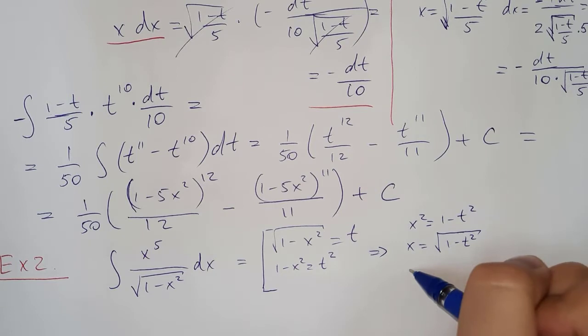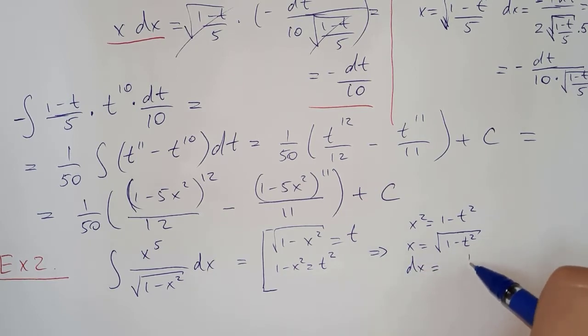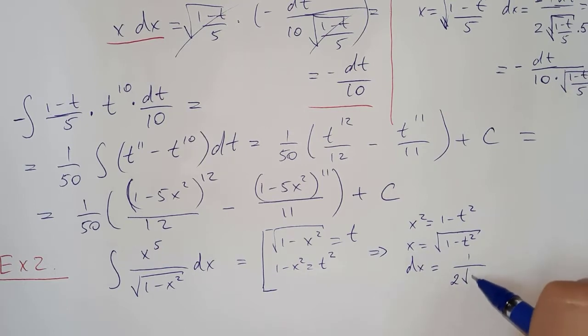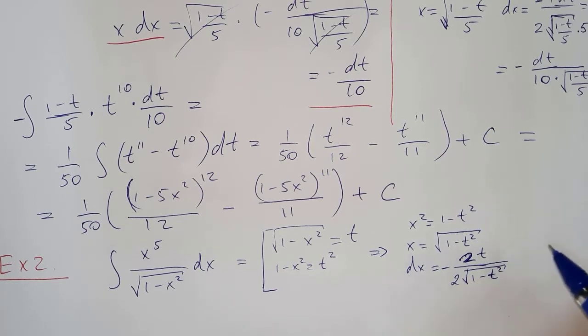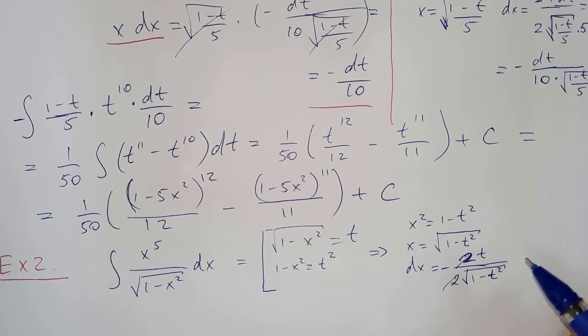So now we can find dx here. dx is 1 over 2 times the square root of 1 minus t squared, times minus 2t, this is the derivative of a composite function. Now they are cancelled, and if we multiply by x, again we have x dx.